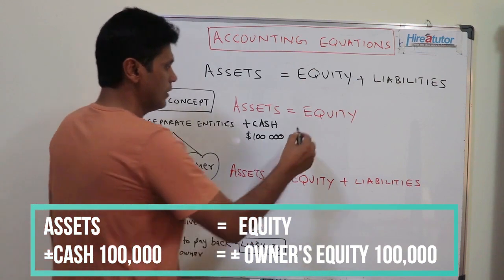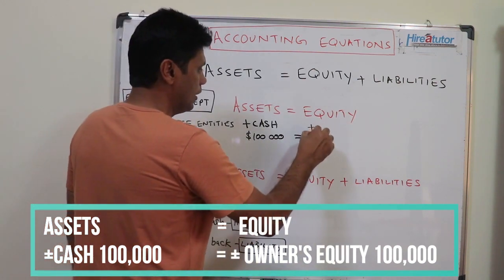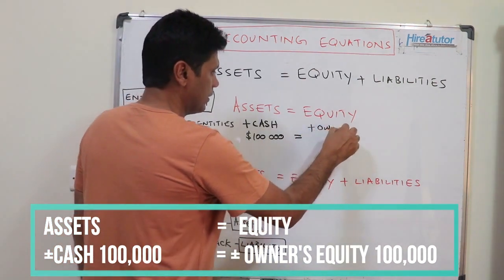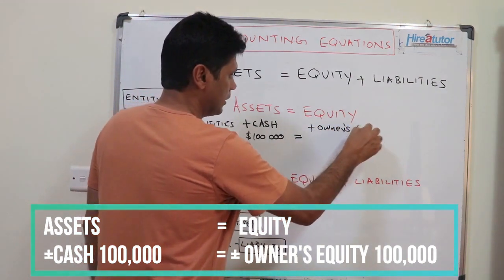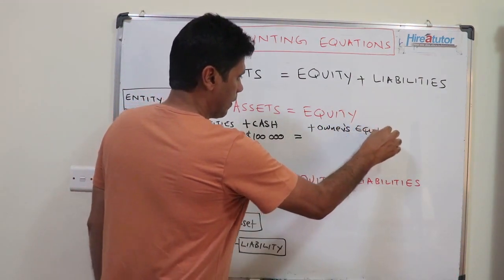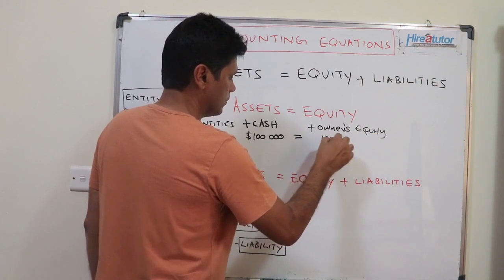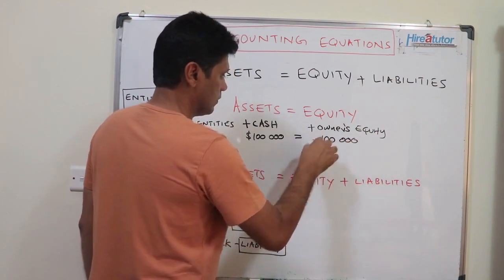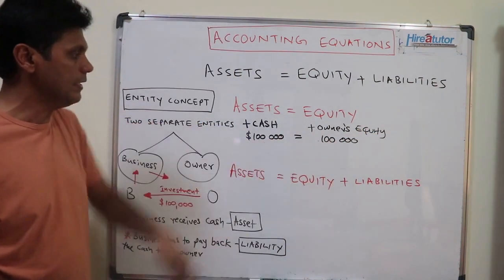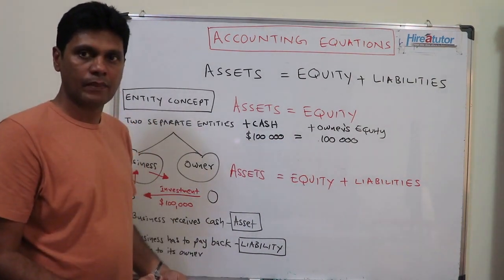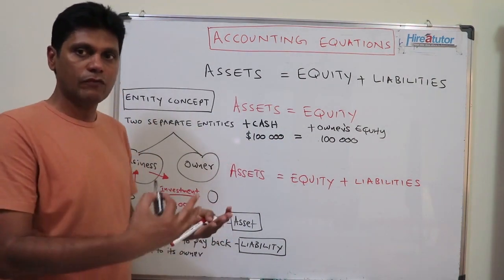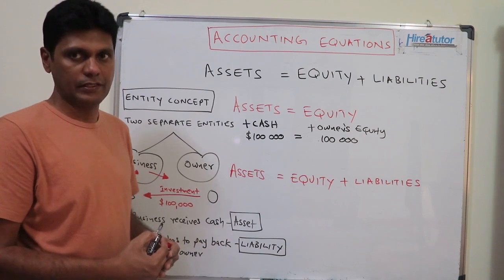Therefore, the owner's equity balance also increases by 100,000. Thereby, at any given time, the asset will be equal to the equity.